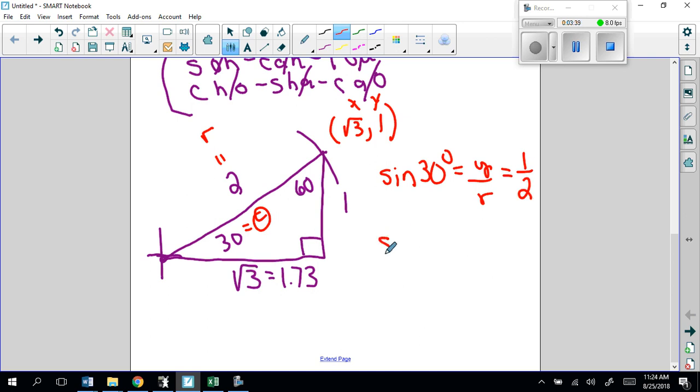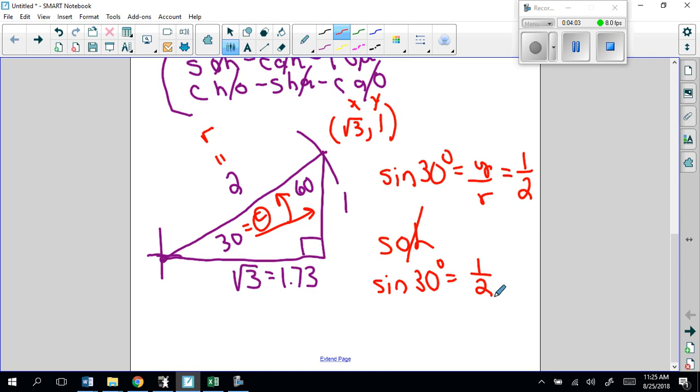You can get away with SOHCAHTOA. Sine 30 equals the opposite over hypotenuse. So that's 3 different ways. Sine 30, 1/2. Memorize it. Sine 30, y over r. Sine 30, opposite over hypotenuse. But we're going to go one more.